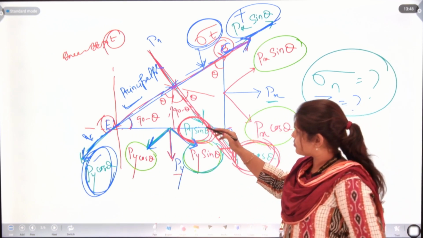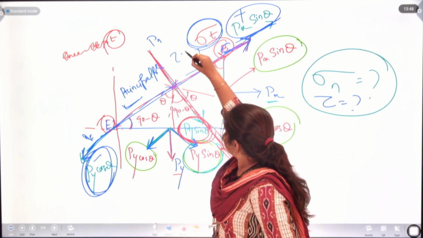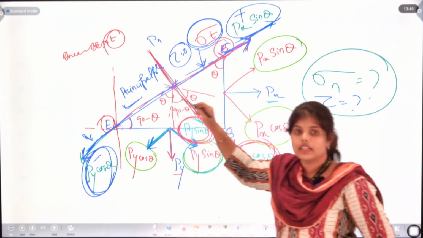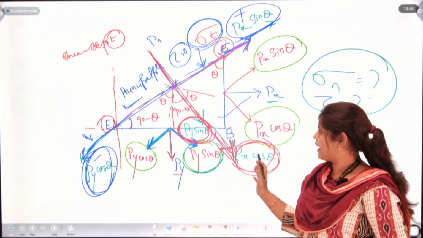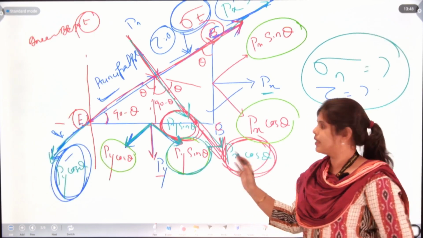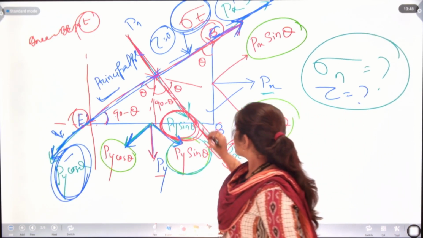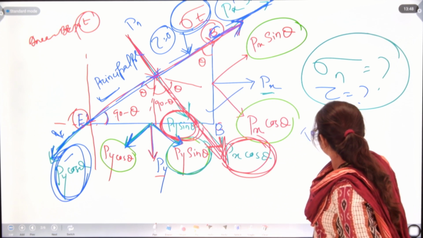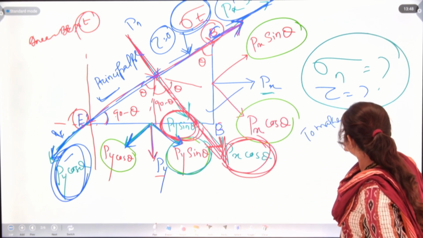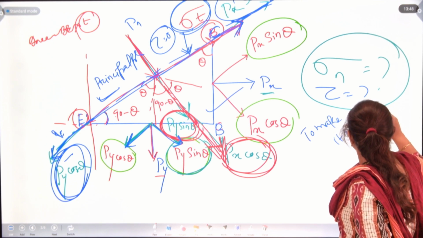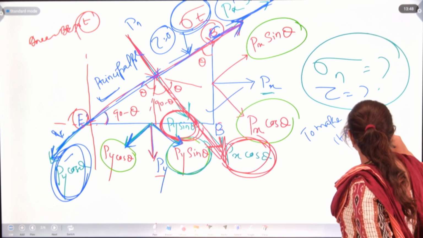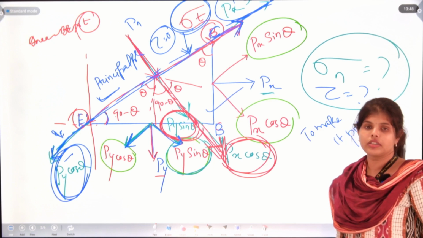So if tau is 0, then it will be our principal plane, and sigma n is termed as principal stress. So to make it a principal plane, what do we need to do?